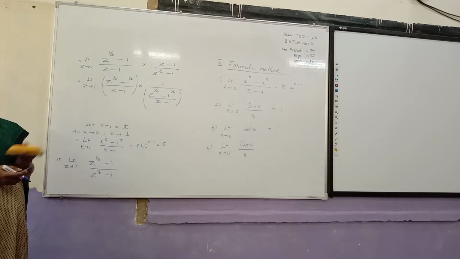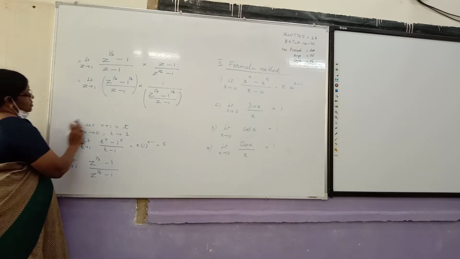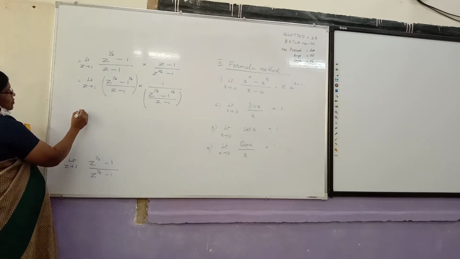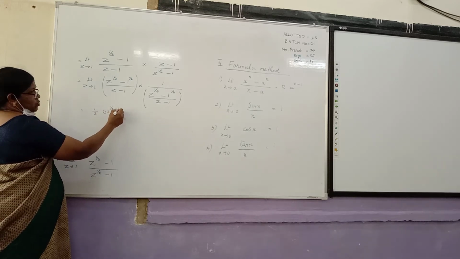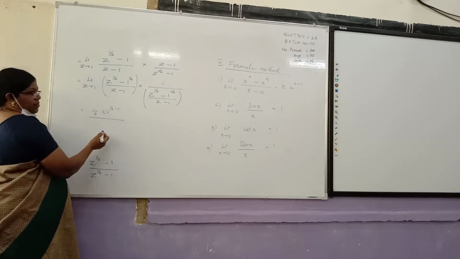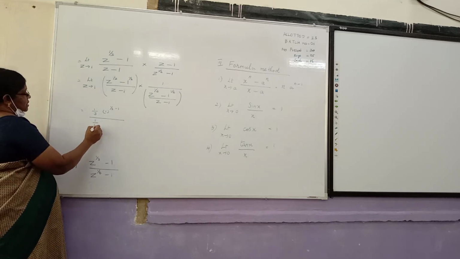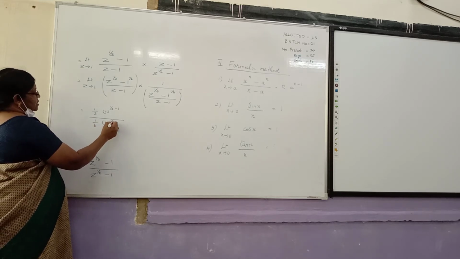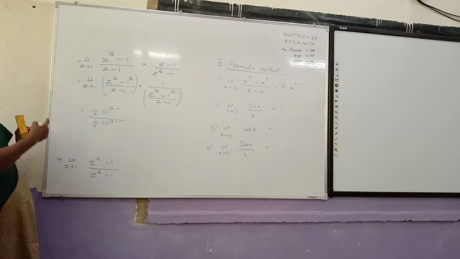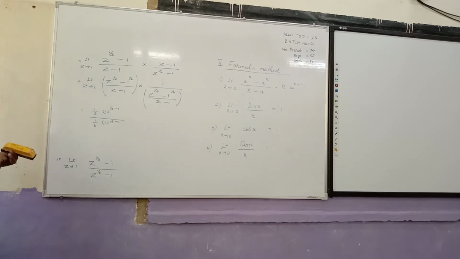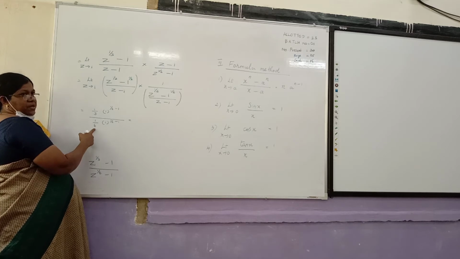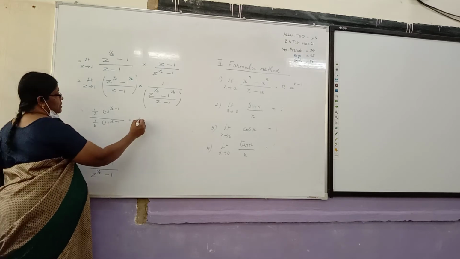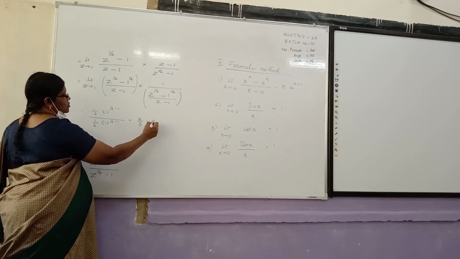As per the formula, the answer is 1 by 3 into 1 by 3 minus 1, over 1 by 6 into 1 by 6 minus 1. Don't bother about the 1 power, 1 power anything is 1. So only concentrate on this. The 6 comes up, 6 by 3. Answer is 2.